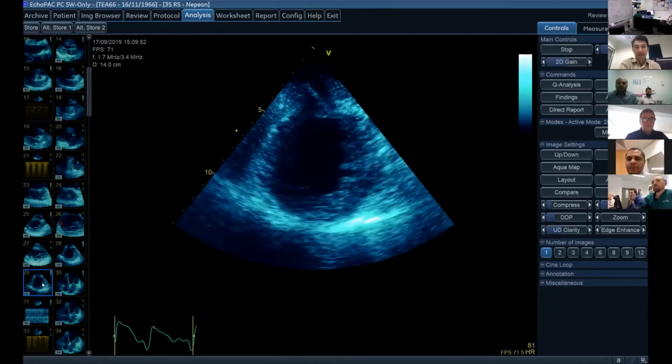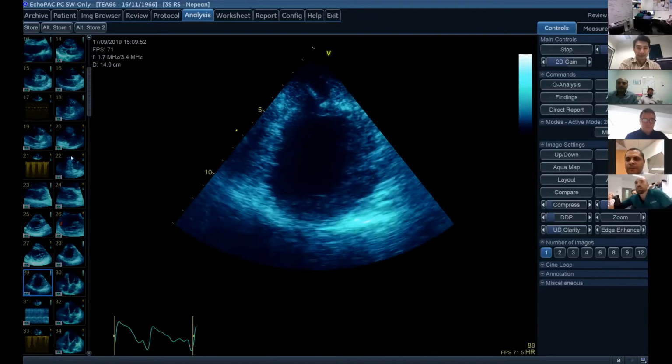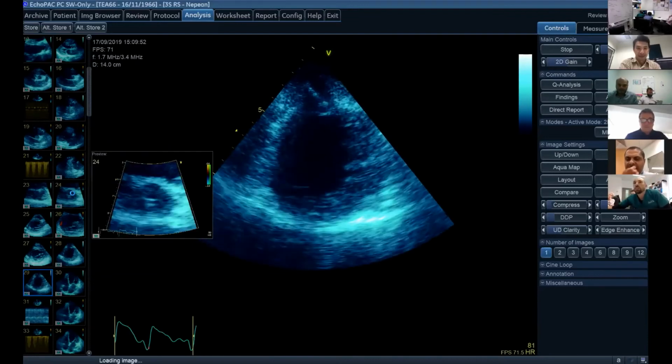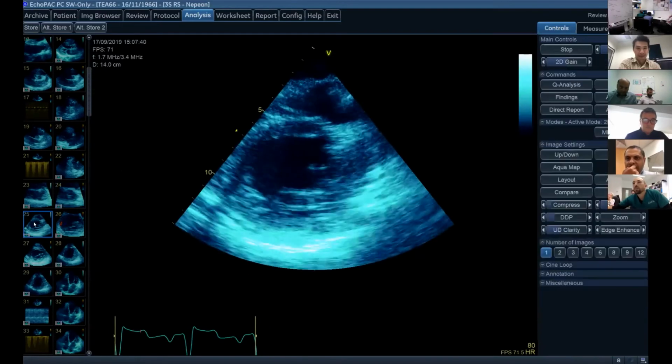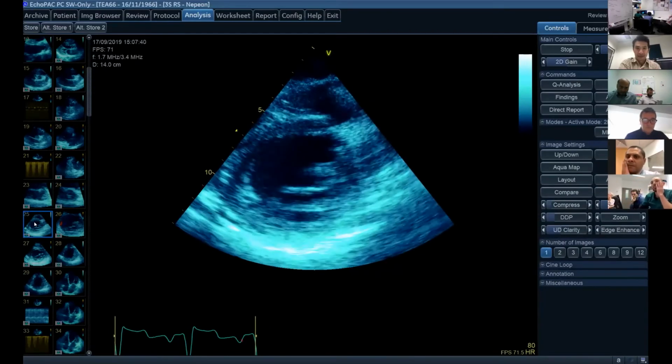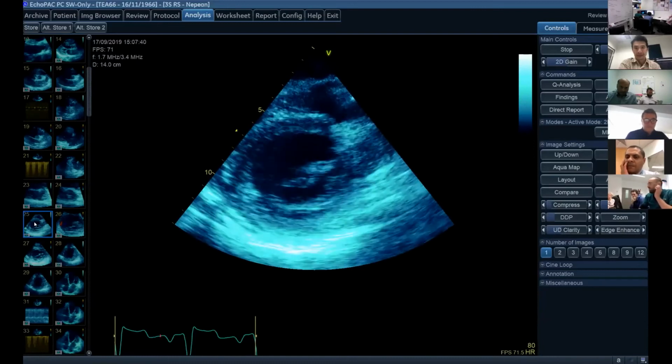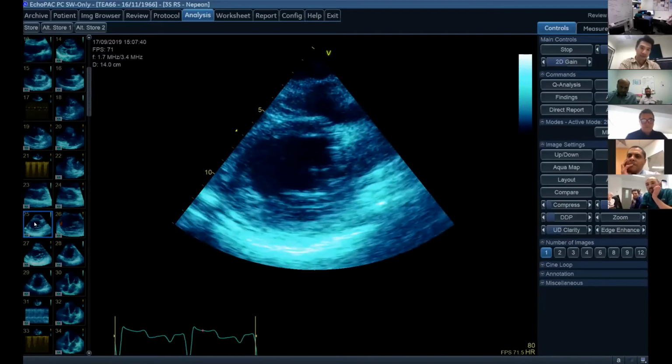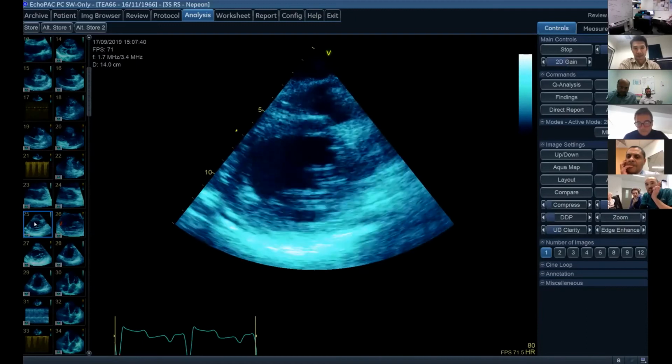Sure. Thanks. Should I go through the short axis? I'll just move through the short axis views. We've got Danielle on there as well. She's hiding at the bottom of the screen.